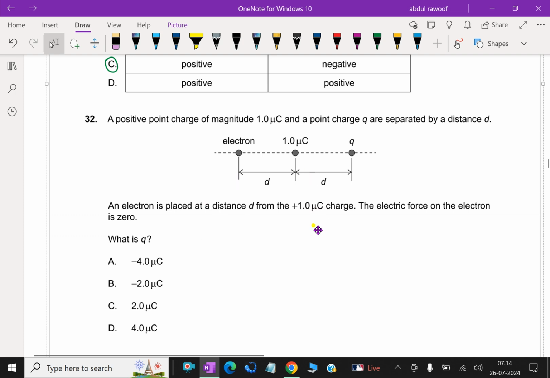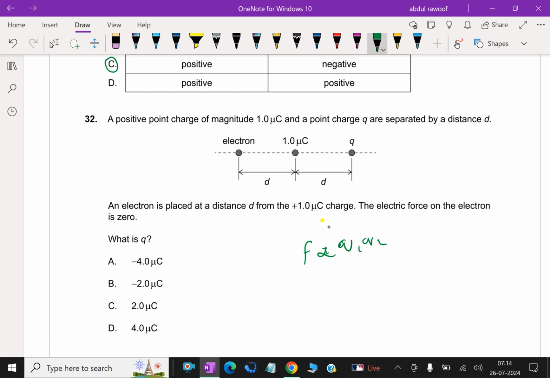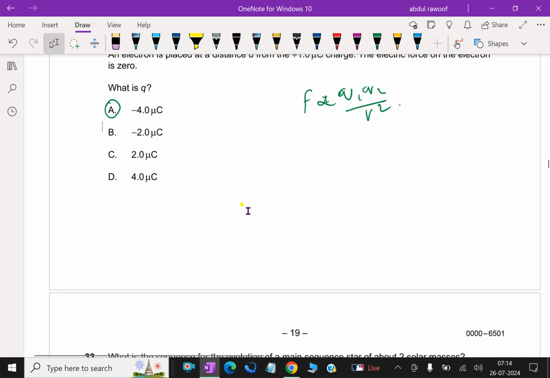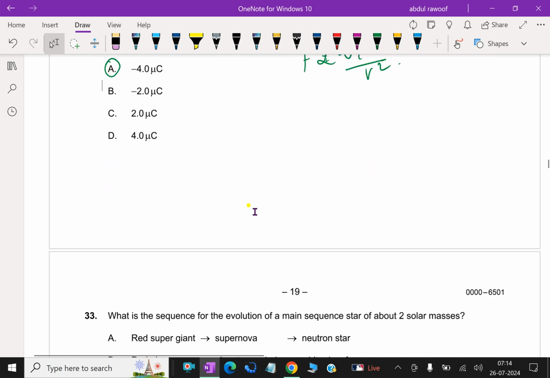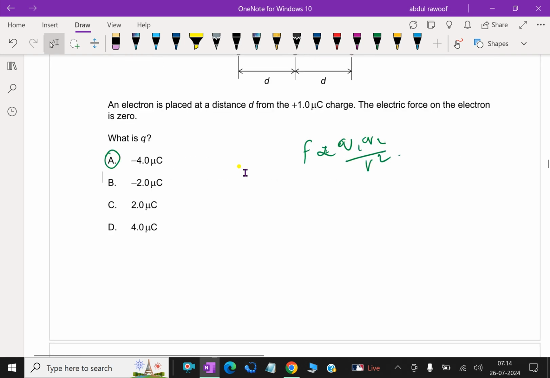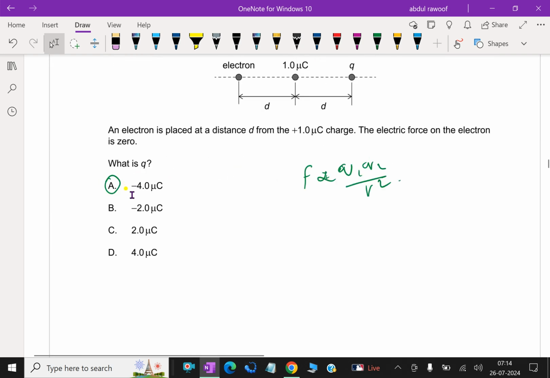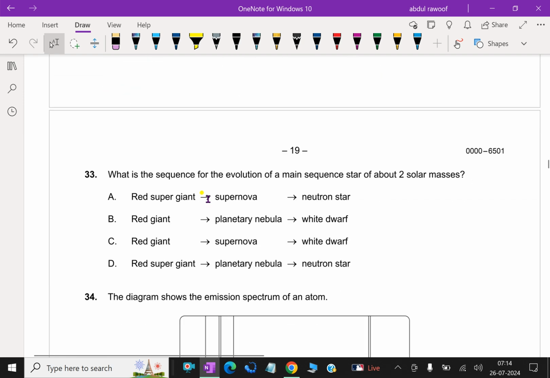By calculation, we have to use the formula F is proportional to Q1 Q2 by R square. So we have this 4. Next, minus 4, we have the option Q is minus 4 microcoulomb.